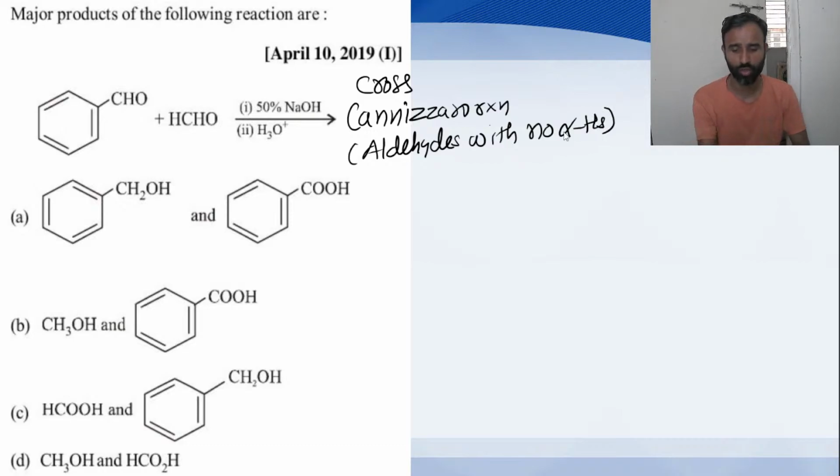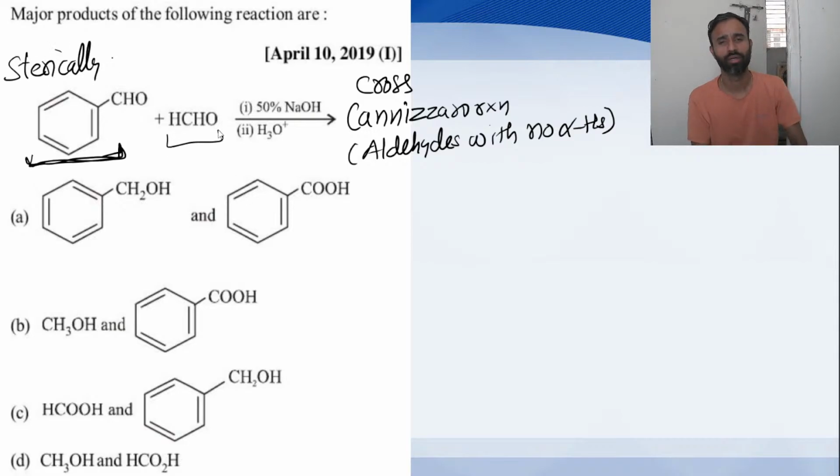But benzaldehyde is sterically hindered, and formaldehyde has no steric hindrance. That's why formaldehyde is oxidized. This molecule is oxidized because in Cannizzaro reaction, first of all, OH negative ion will attack.